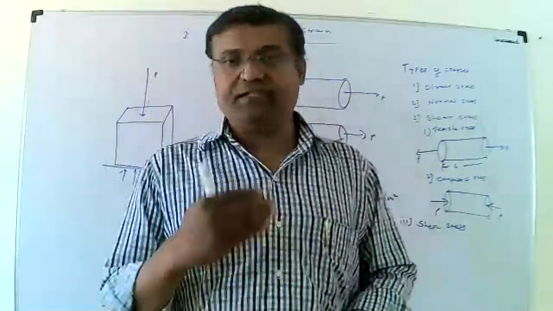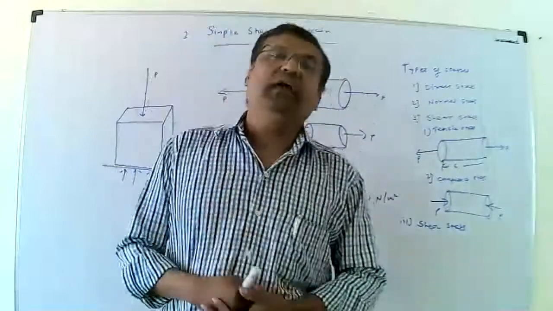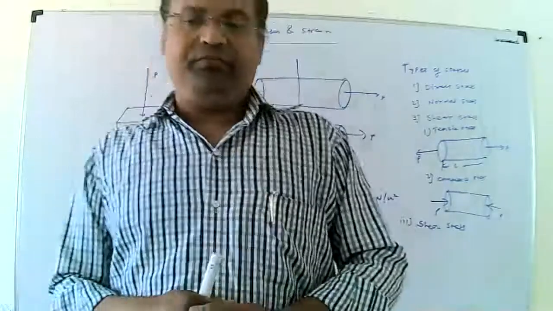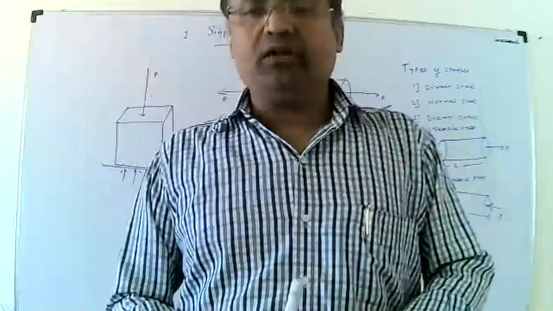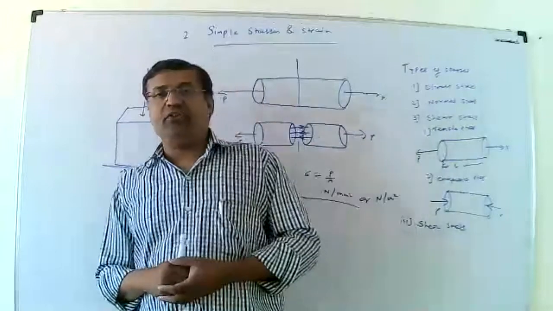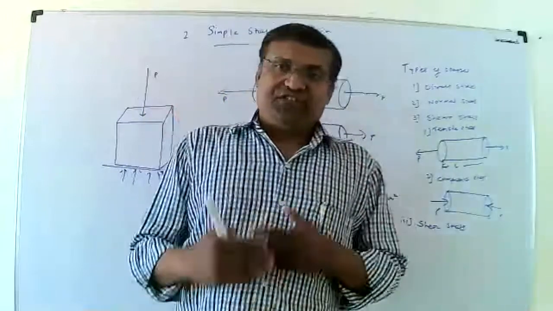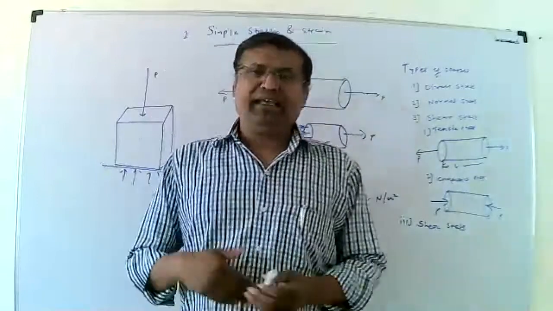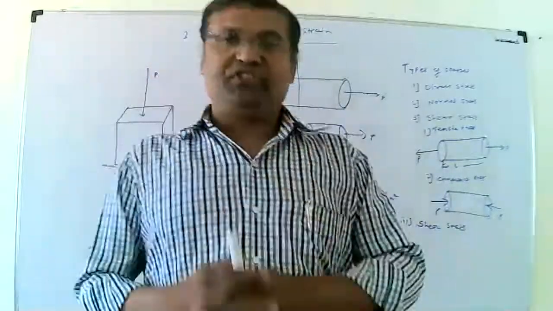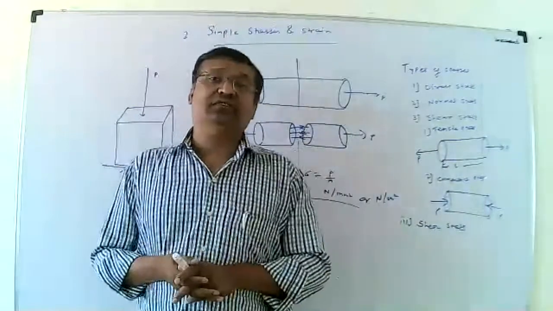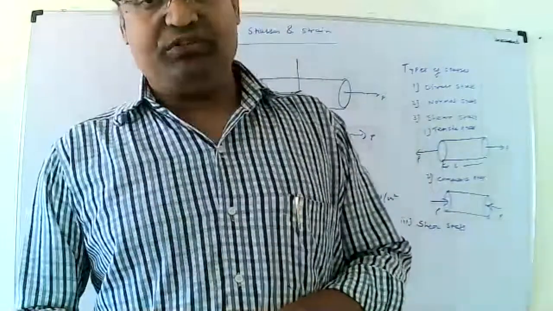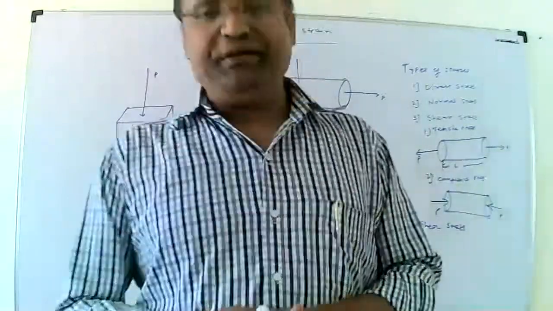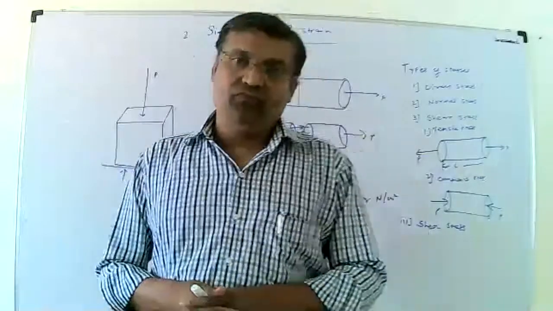That is the basic difference between direct load and eccentric load, and it is a very important concept from the stress point of view. The stress induced by a direct load is said to be direct stress or axial stress, because that stress is generated throughout the centroid or the middle section of the body.